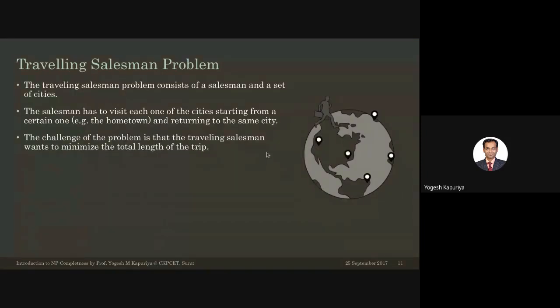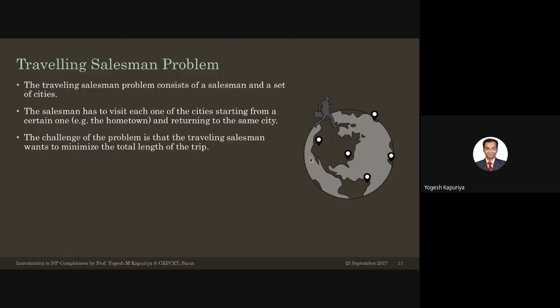So let's just quickly understand what the traveling salesman problem is. As the name suggests, it's a very well-known problem statement. The setup is that you have a traveling salesman who travels between multiple cities, and the salesman has to visit each one of the cities starting from a certain one.